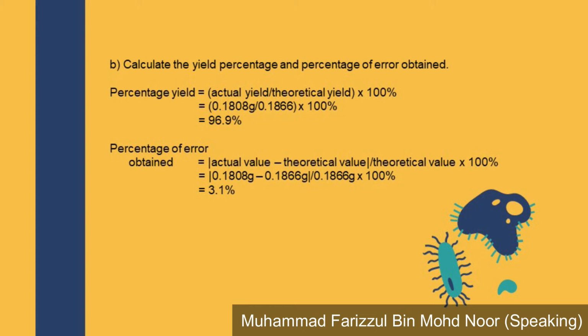The percentage of error is the actual value minus the theoretical value, divided by the theoretical value, multiplied by 100%. 0.1808 gram minus 0.1866 gram, divided by 0.1866 gram, times 100% equals 3.5%.